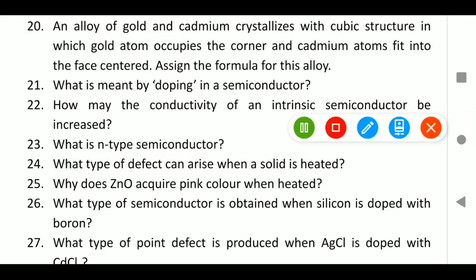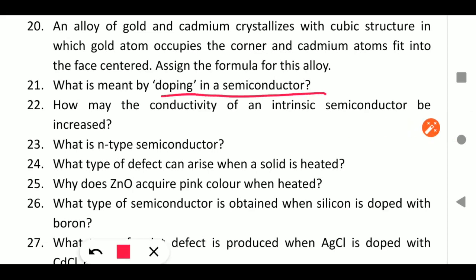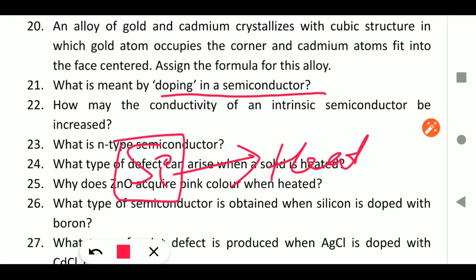What is meant by doping in a semiconductor? Students, suppose silicon is an element which conducts electricity on heating. You will consider this element as a semiconductor, but I can increase the conductance of silicon by adding some impurities.